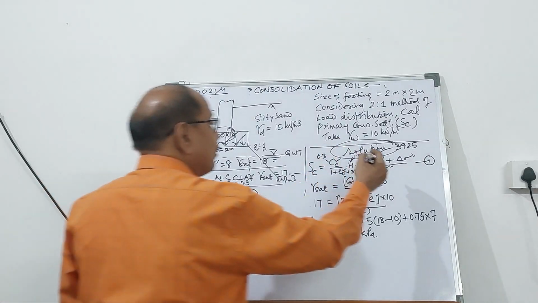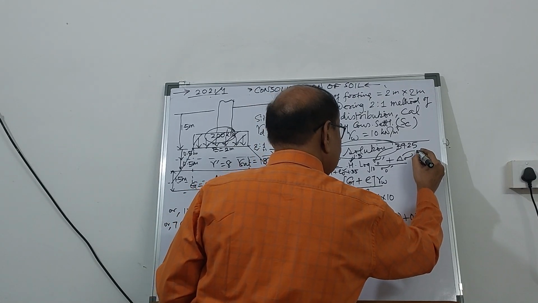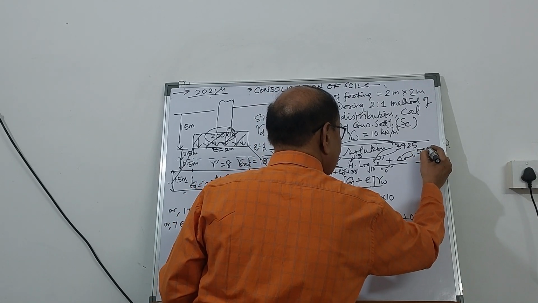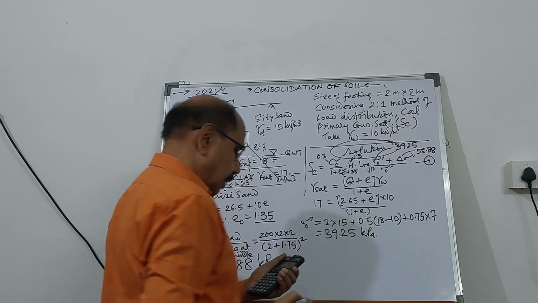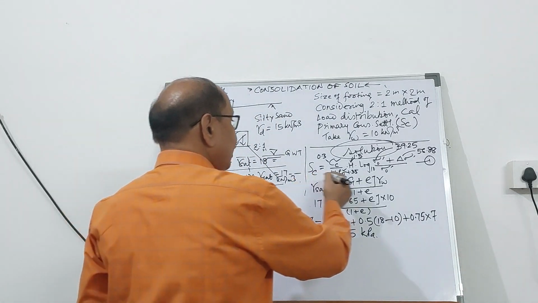So delta sigma prime I have calculated as 56.88 kilopascal. So I know everything.